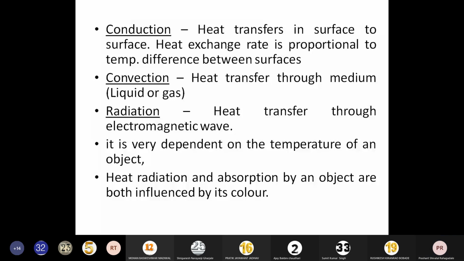Okay, जैसे हम बोले कि heat radiation and absorption by an object is influenced by what? Color. अगर मैं ऐसे बात कर रहा हूँ तो आप देखिए कि black is having best absorber also and best radiator of heat also. And as compared to it, white and polished metals, they are poor absorber and radiator.